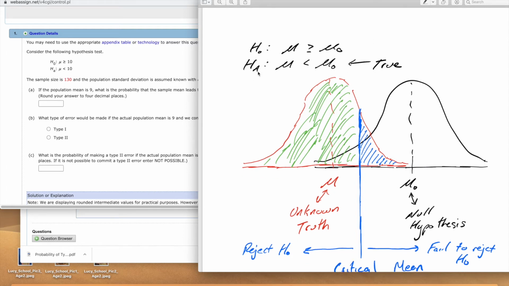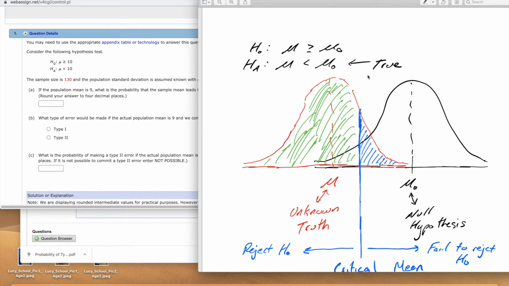The alternative, of course, is that mu is less than that number. Now, in this problem, notice that if the population mean is 9, they're saying this is true. They're telling us that in the problem. They're saying the alternative hypothesis is true. They're telling us that the population mean is in fact less than 10.